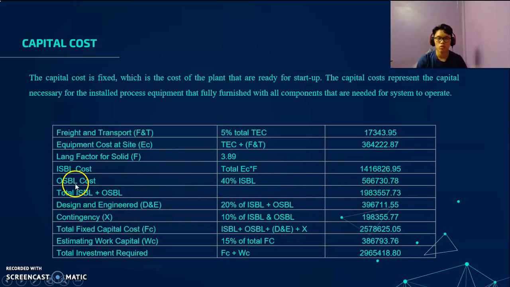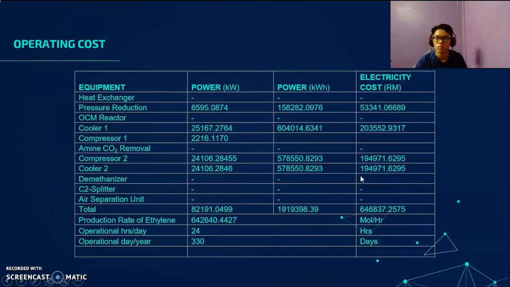Then OSBL cost, 40% of ISBL, total ISBL and OSBL, design and engineering, contingency, total fixed capital cost, estimated working capital, and also total investment required. These are all the values. Basically, this step is taken from the journal.